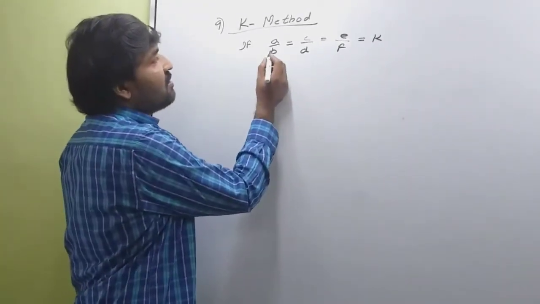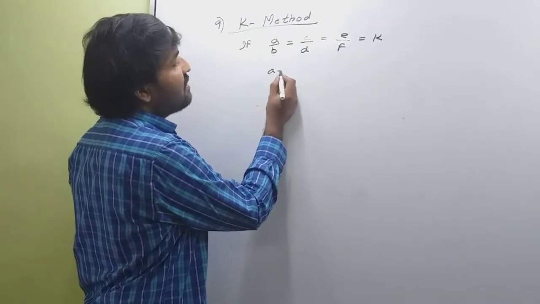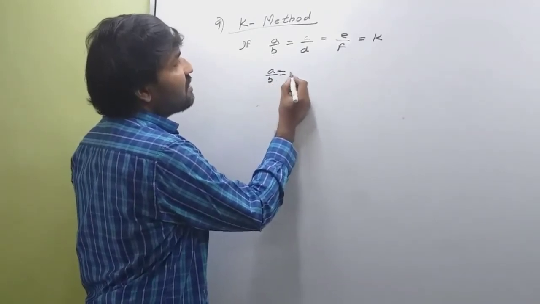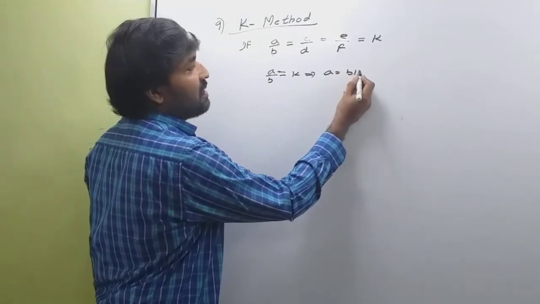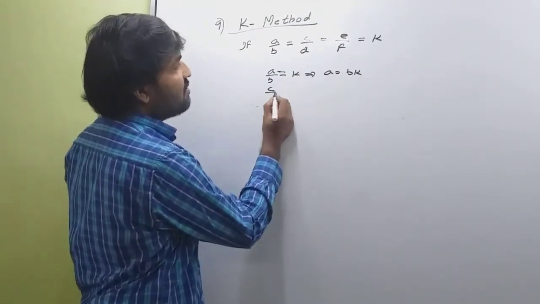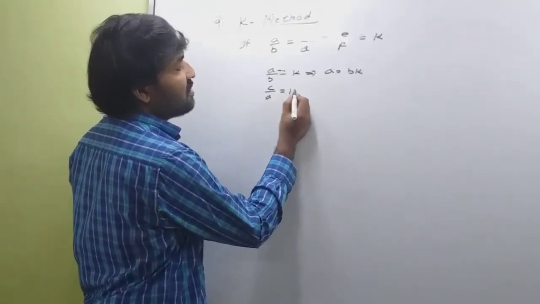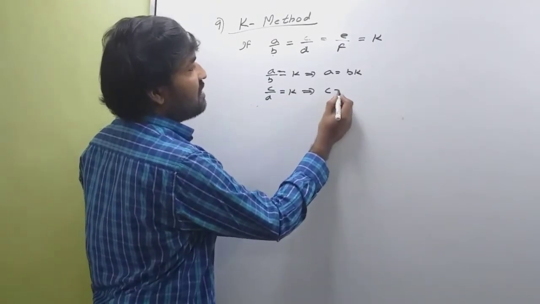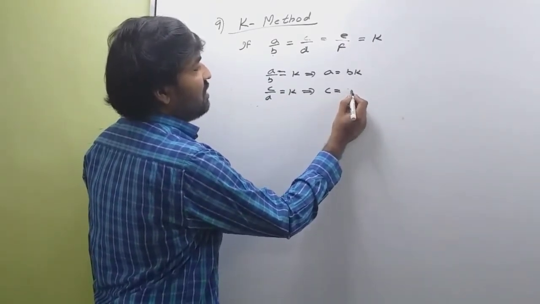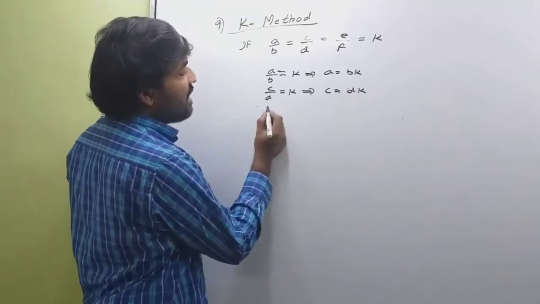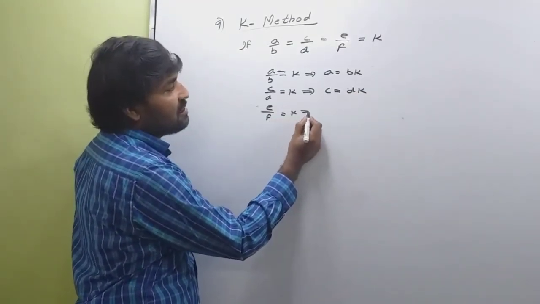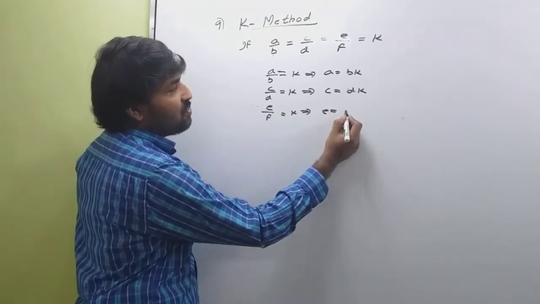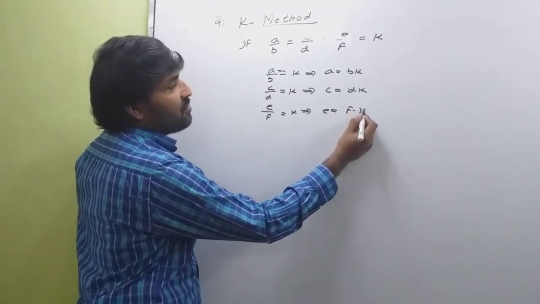Then A by B is equal to K implies A is equal to BK. Similarly, C by D is equal to K implies C is equal to DK, and E by F is equal to K implies E is equal to FK.